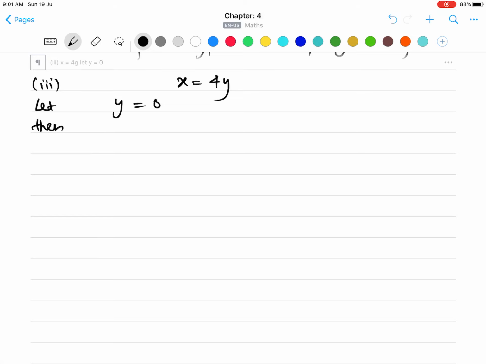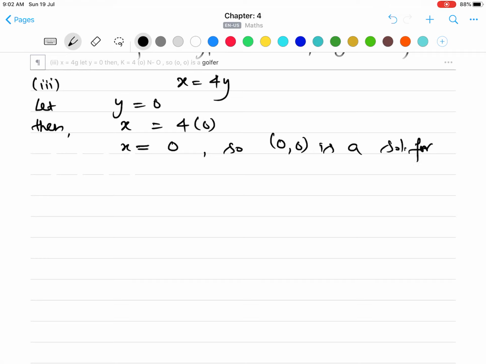Then our equation, x equals 4y, at the place of y we write 0. So x will be equal to 4 into 0, which is 0. So write, (x = 0, y = 0) is a solution for the given equation.